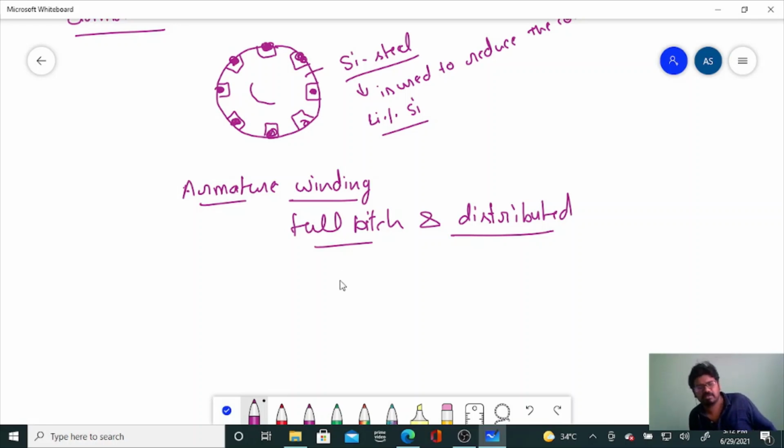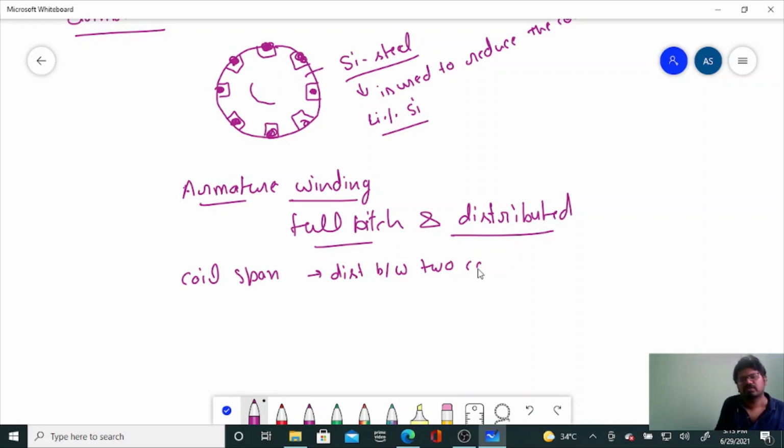Full pitch means there is a term called pole pitch and a term called coil span. Pole pitch is the distance between poles, or the number of conductors between poles, and coil span is the distance between two coil sides.